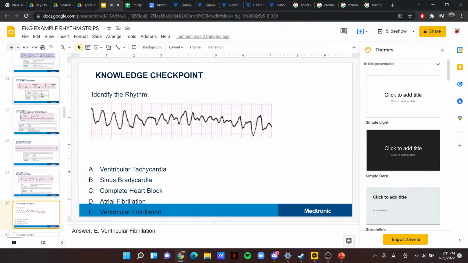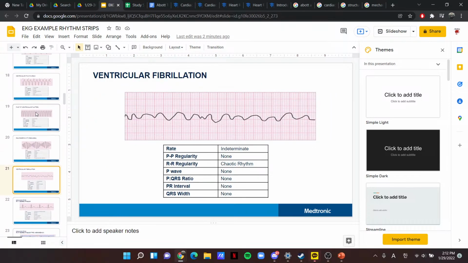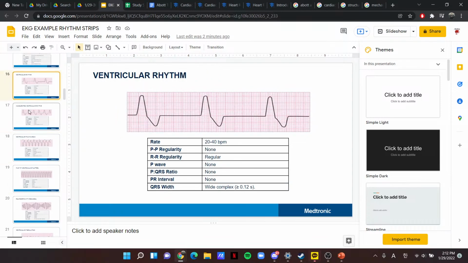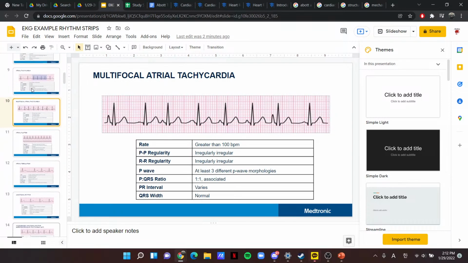Ventricular fibrillation versus atrial fibrillation. AFib.